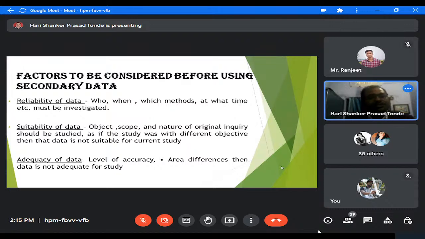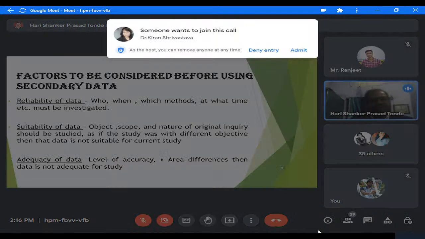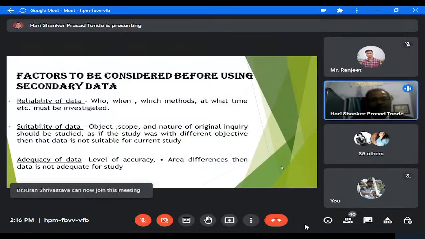The second is the suitability of data, whether it is suitable for your research topic. The objective, scope, and nature of the original inquiry should be studied, because if the study had a different objective, then that data is not suitable for your current study. Then there is adequacy of data: level of accuracy and area differences. If these differ, the data is not adequate for the study.